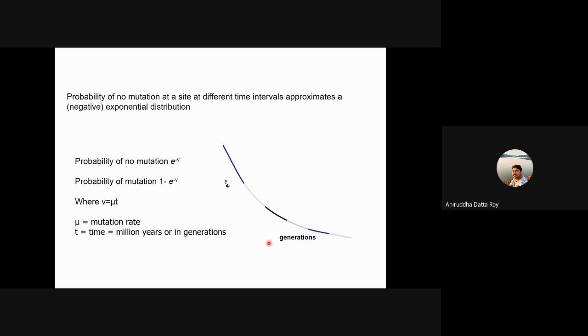If you have time in terms of generations, the more time passes, the more e to the power minus v will decrease. So there are more possibilities of mutations occurring. Does that make sense? I'm assuming it makes sense.